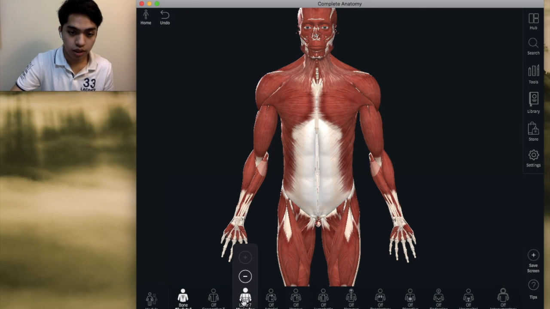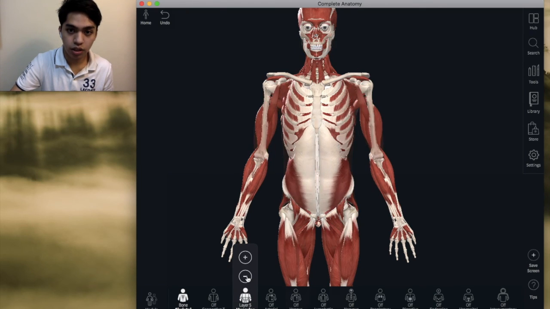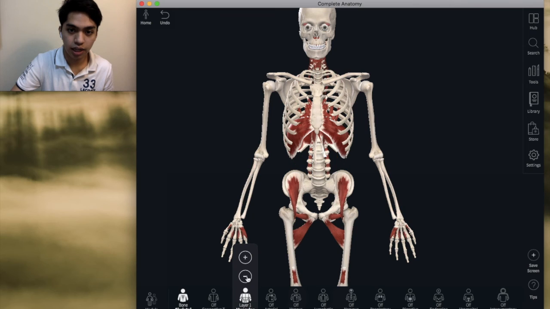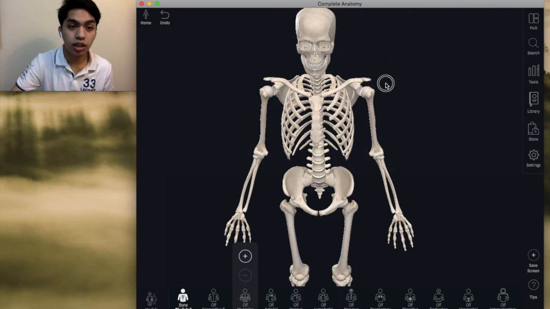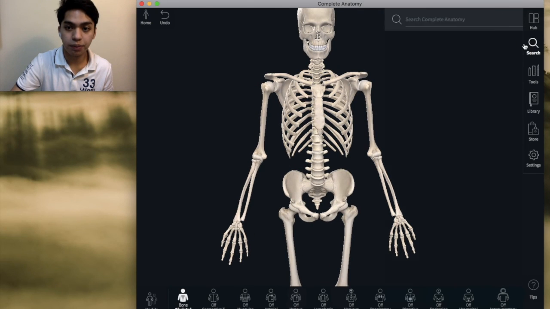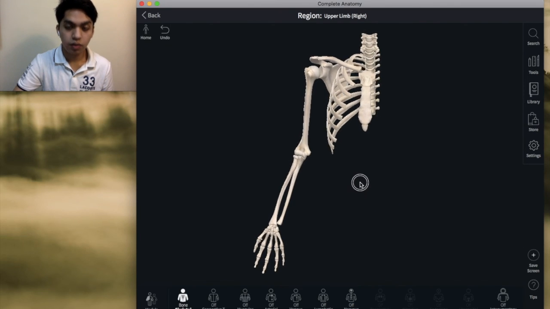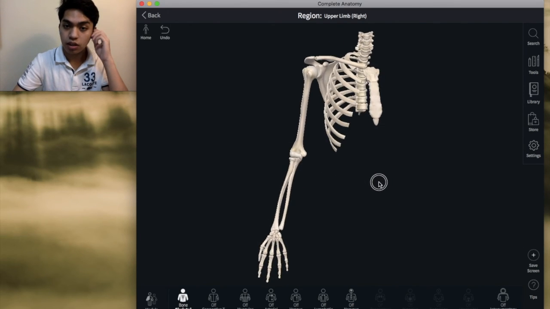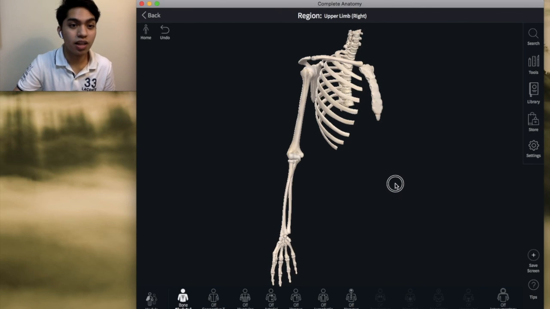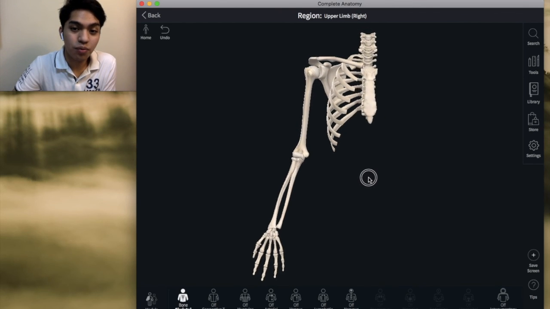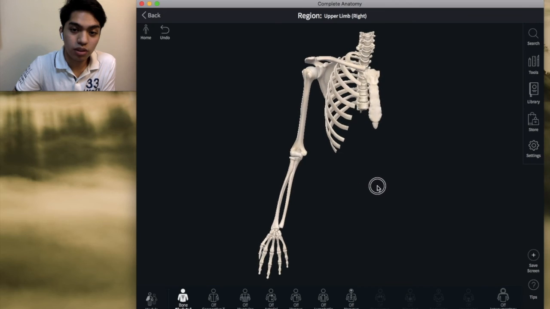Okay, so I'm going to remove the muscular layer. Yan. And focusing only on the upper limb. Okay, so right here, I have dissected the other bones and removed them so that we will only focus here.